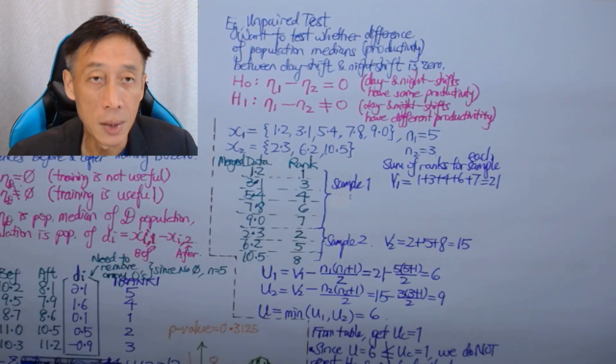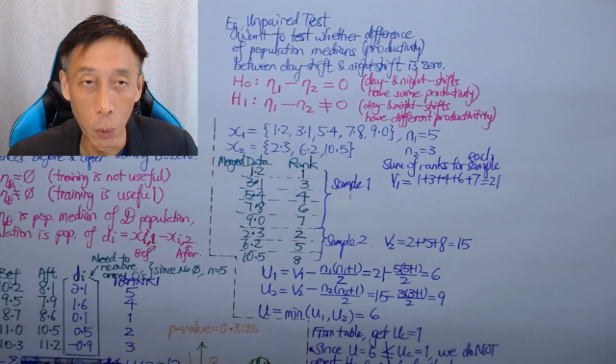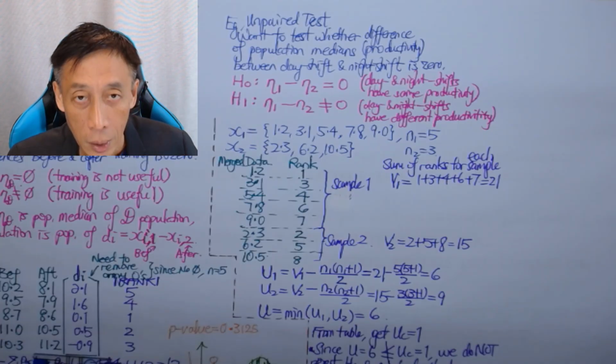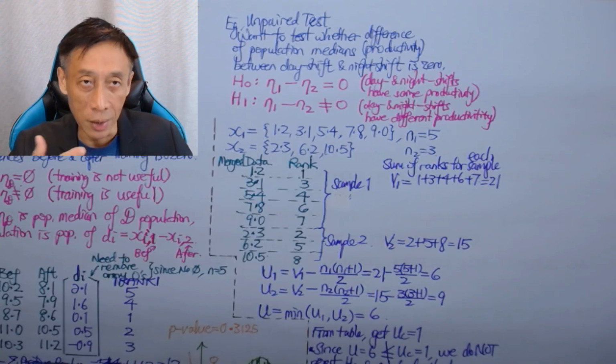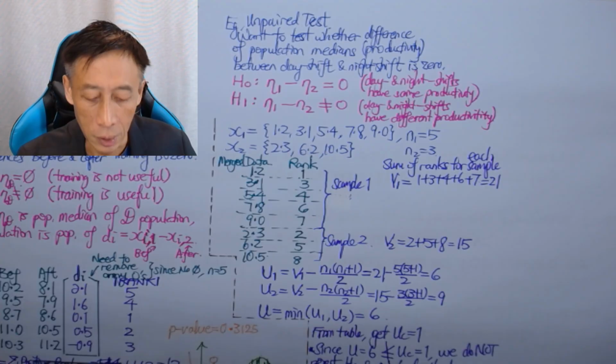Now, what happens if we have a one-tail test? For a one-tail test, we need to look at the two-tail test with double the significance value.